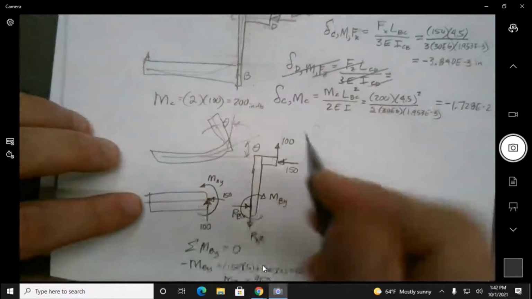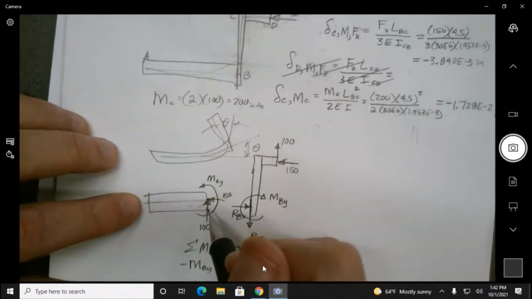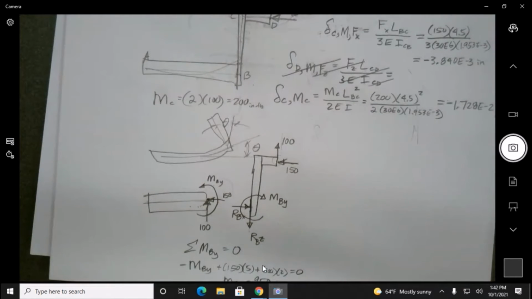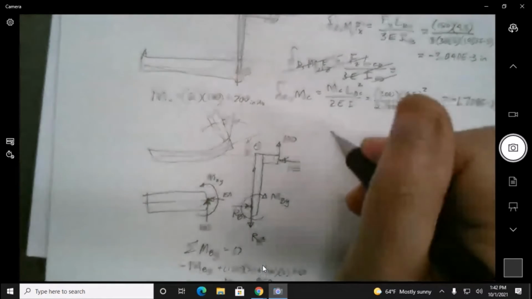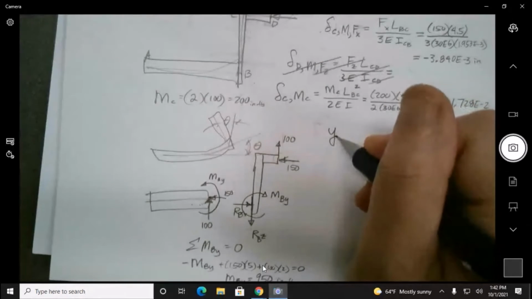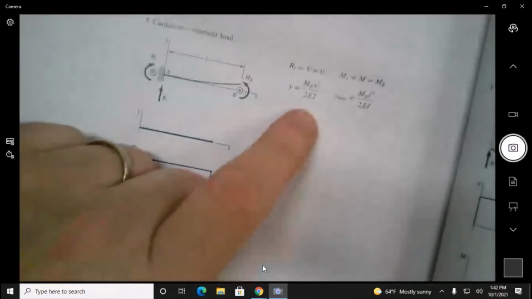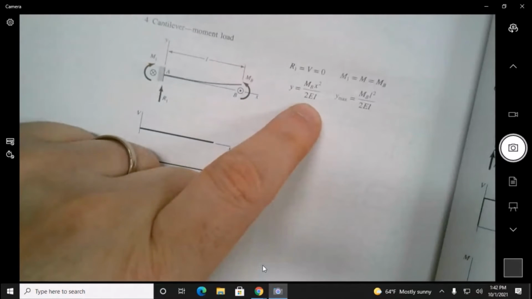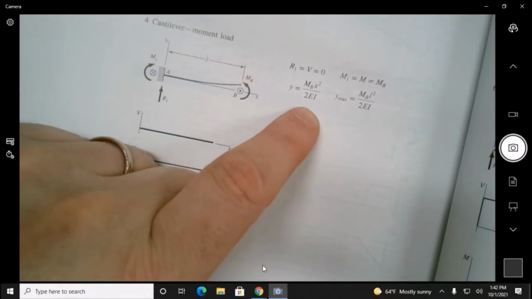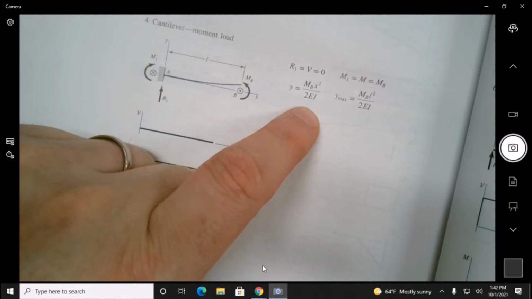We need the angular deflection. So in order to do that, we write out the equation. We need to be careful. No, it's okay, but we should actually use this equation right here. There's no difference, but there could be, right? Just have to be careful.